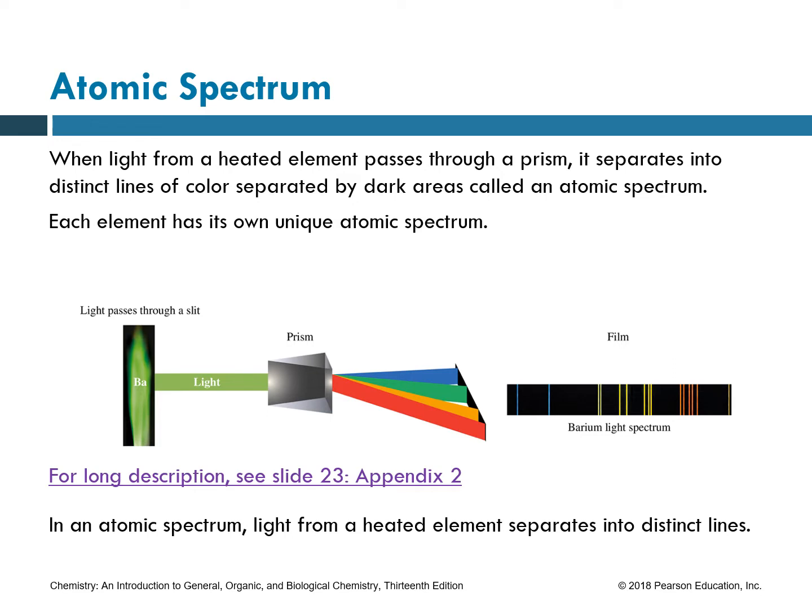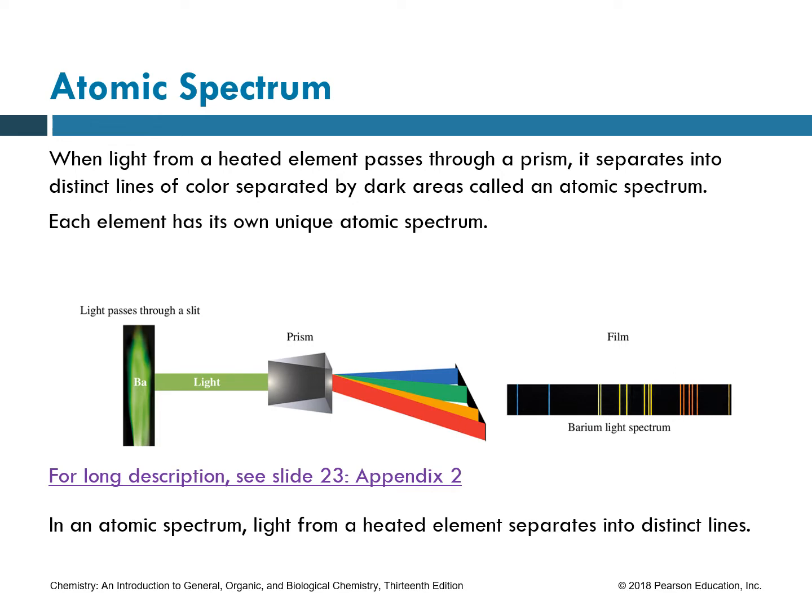Now, if instead of using light coming from the sun, we use light coming from an atom, say we heat up an element and pass that light through a prism, it will no longer be a rainbow. It would give you more of a line spectrum, where we see different lines of different colors, something like this.